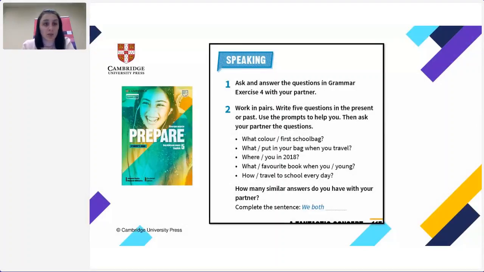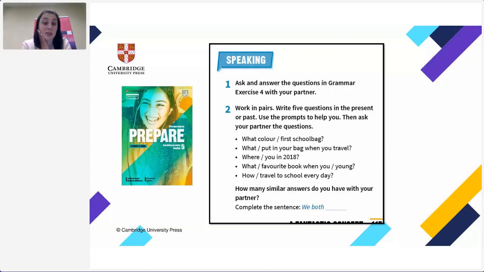In some tasks, there is also a huge description that helps students to develop their speaking. First of all, ask and answer the questions in grammar exercise 4 with your partner. It's the previous one.